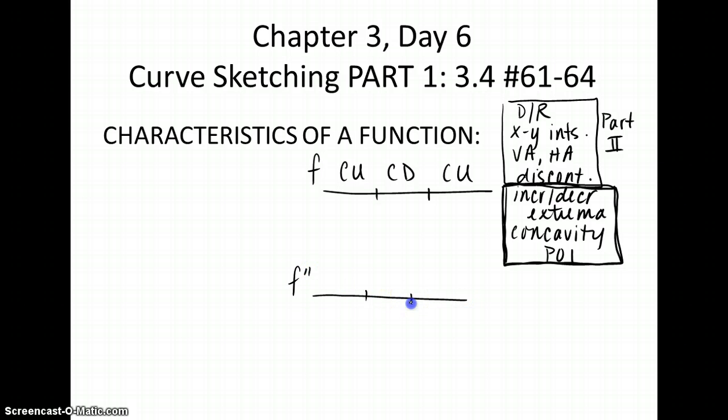How do we determine intervals of concavity from the second derivative? The second derivative is positive, the function's concave up, negative second derivative, concave down function, and then back to positive.